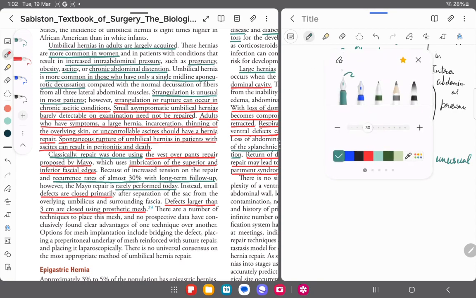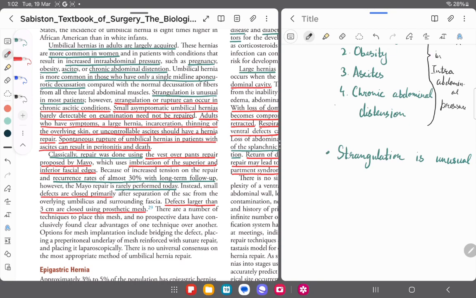So if we have a patient with chronic ascites, then strangulation or rupture is more common.